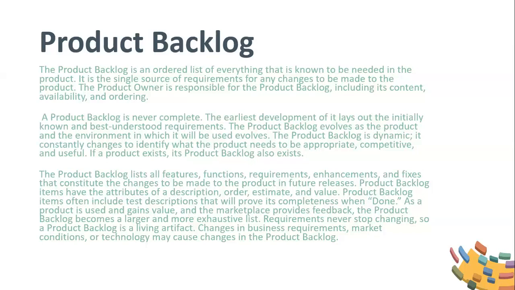As a product is used and gains value, the marketplace provides feedback. The product backlog becomes larger and more exhaustive. Requirements never stop changing, so a product backlog is a living artifact. Changes in business requirements, market conditions, or technology may cause changes in the product backlog.